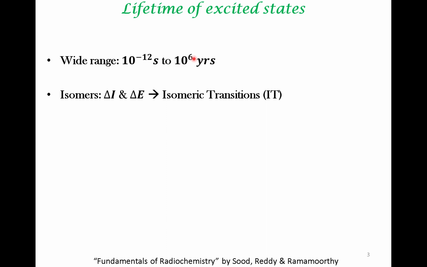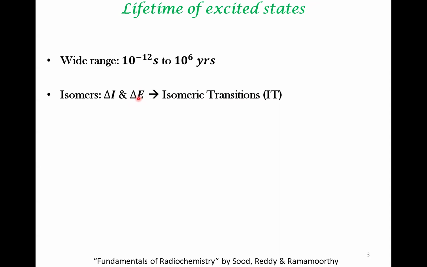Many times there is a separation between the initial state and the final state; they differ because of differences in nuclear spin, and the energy is also different between the initial and final states.